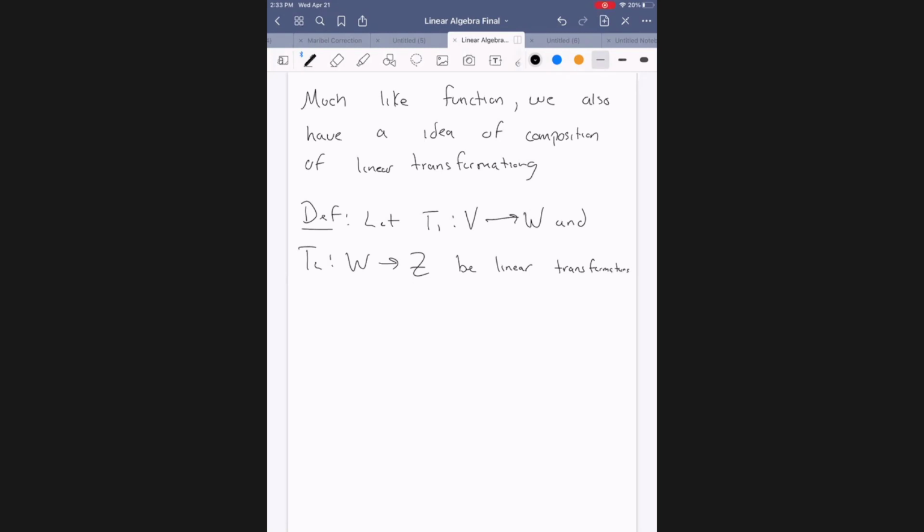Then the composition between T1 and T2 is defined as follows. So, I mean, define it.